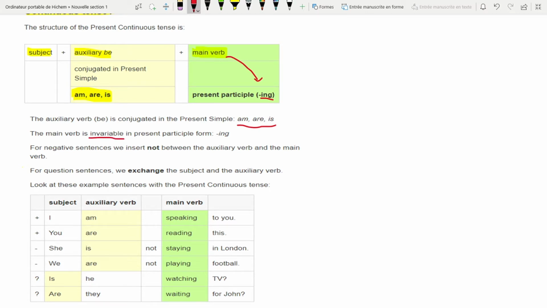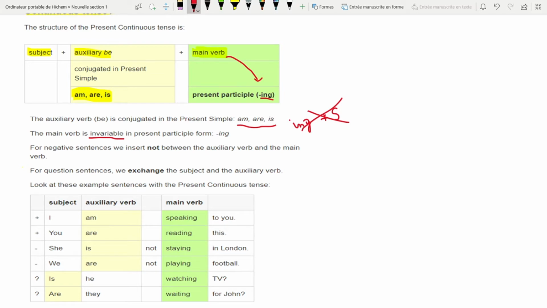It means it doesn't take an s of the plural. This letter, for instance, plus s, ing, this form does not exist. Okay? This is what we mean by invariable.